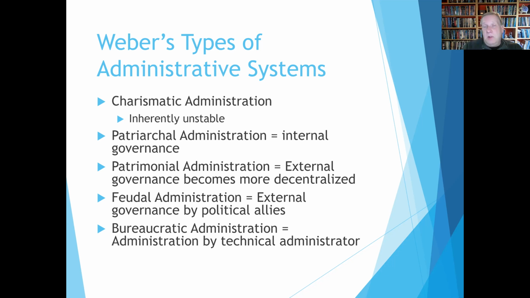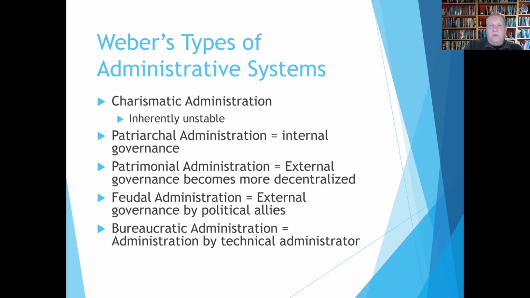In a feudal administrative system, again, still part of this traditional authority structure, this is where you have governance externally by political allies. So the leader would induce political allies to do what that leader wants them to do by providing them with political capital, by providing them with money or land or power sources of their own.